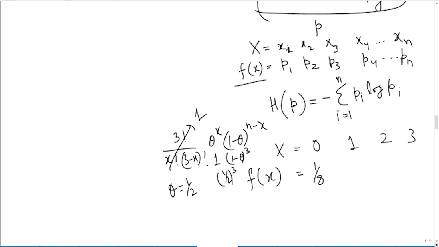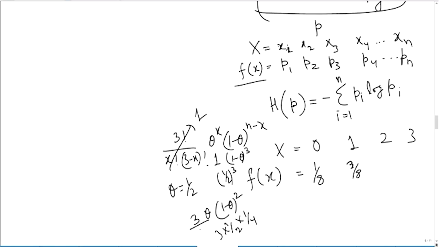Similarly for 1, this would be 3 into theta into 1 minus theta square, right? Which would be 3 into 1 by 2 into 1 by 4. So this would be 3 by 8.